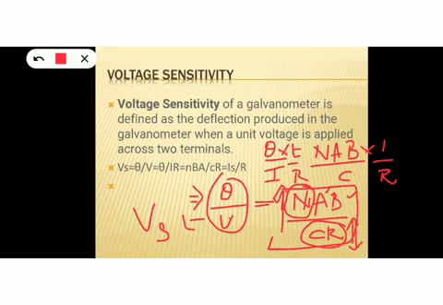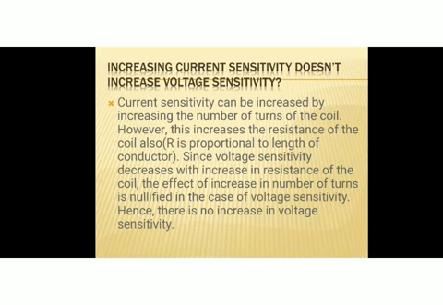Hence we can say increasing current sensitivity does not necessarily increase voltage sensitivity. What is the reason? Current sensitivity can be increased by increasing the number of turns. However, this increases the resistance of the coil also.